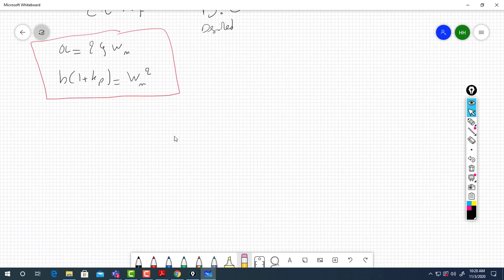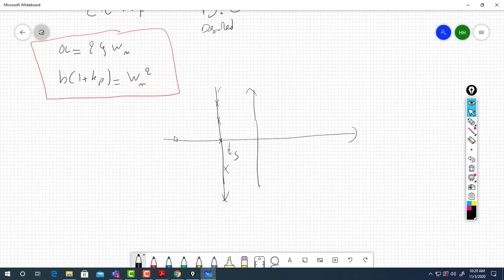So if you have the S-plane, this represents the settling time. Any poles here all give you the same settling time.